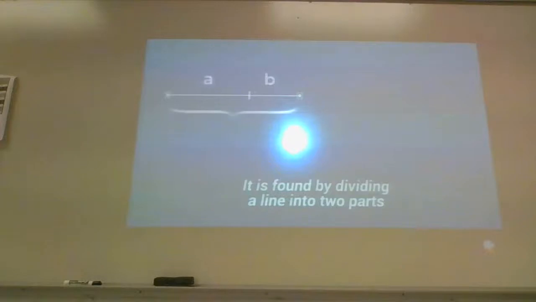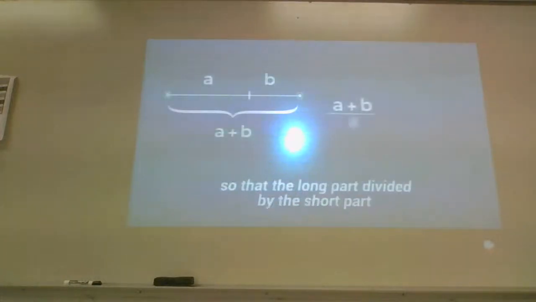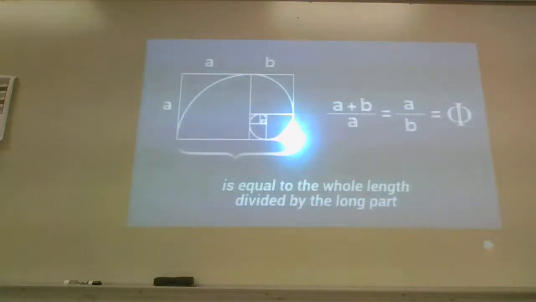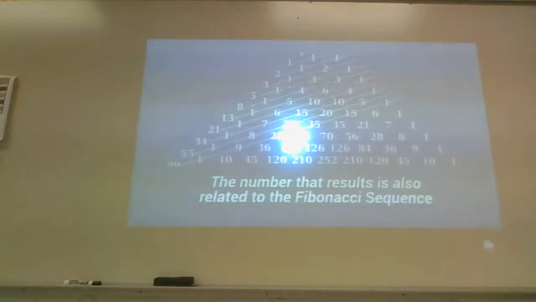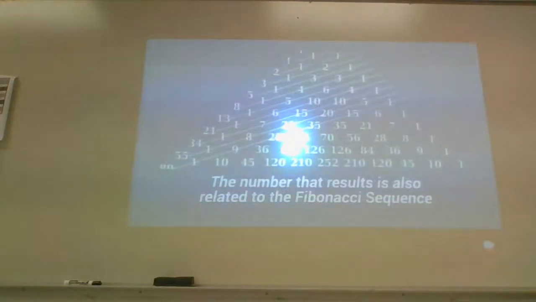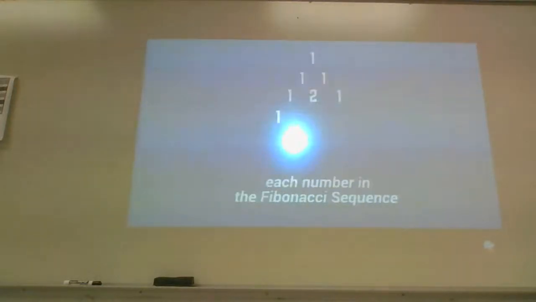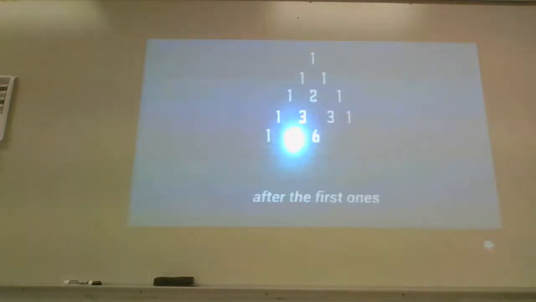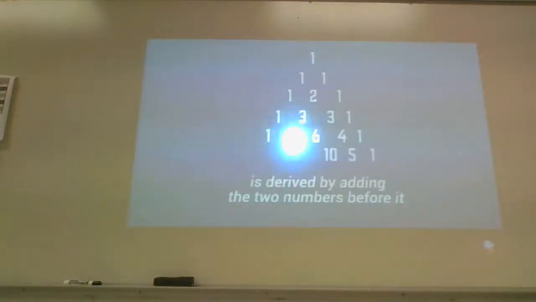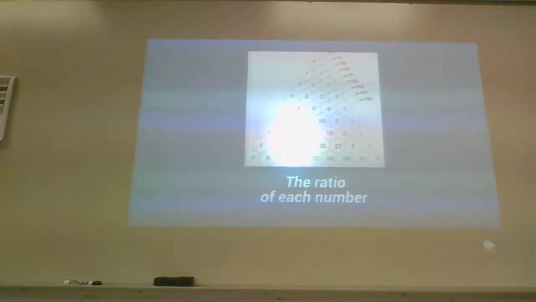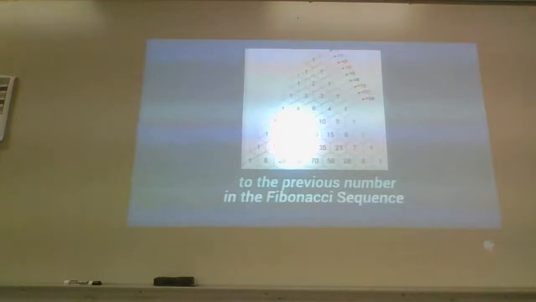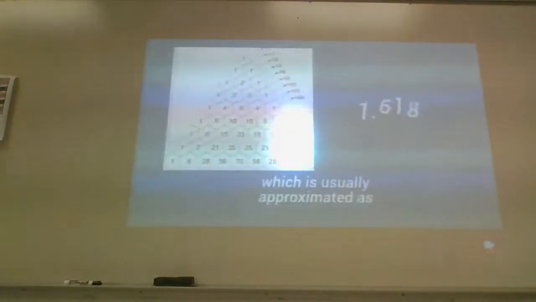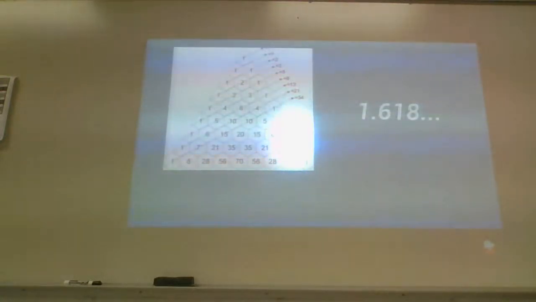It is found by dividing a line in two parts so that the long part divided by the short part is equal to the whole length divided by the long part. The number that results is also related to the Fibonacci sequence. As a quick refresher, each number in the Fibonacci sequence after the first ones is derived by adding the two numbers before it. The ratio of each number to the previous number in the Fibonacci sequence is equal to phi, which is usually approximated as 1.618.